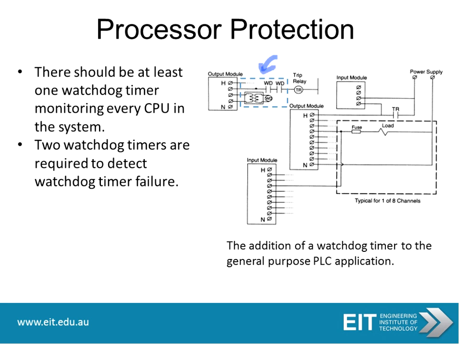So there's the watchdog timer circuit. Again, this is a general purpose PLC application. So at least 1 watchdog timer is monitoring every CPU in the system. 2 watchdog timers are required to detect watchdog timer failure as well.